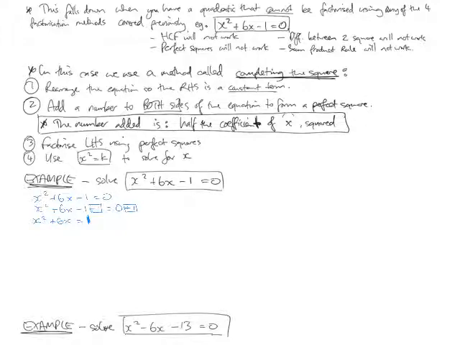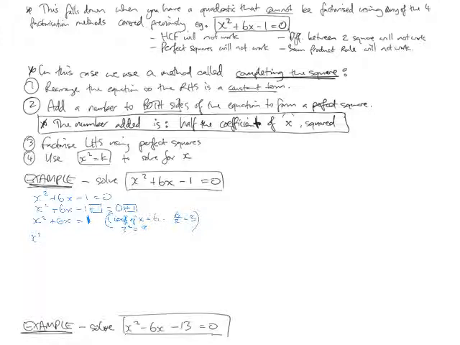Step 2, add a number to both sides of the equation to form a perfect square. The number added is half the coefficient of x, squared. So the coefficient of x is equal to 6. Therefore, 6 over 2 is equal to 3. 3 squared is equal to 9. So applying that rule, I need to add 9 to both sides.